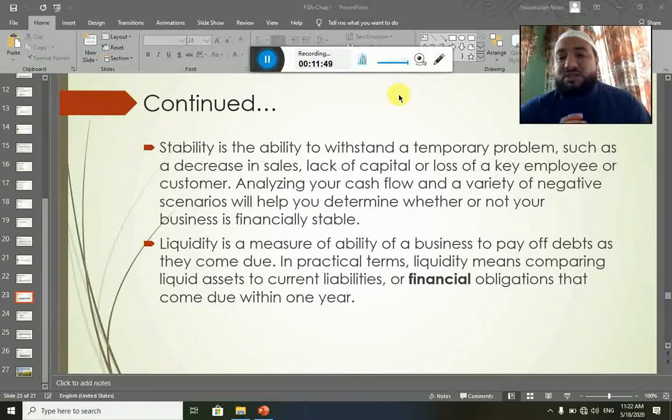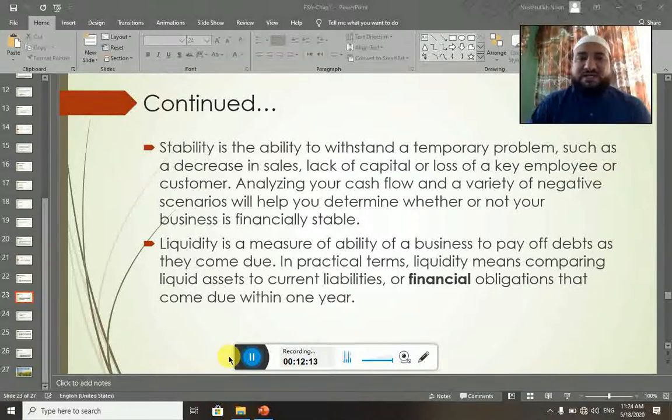If there are drastic changes, like businesses lose all their employees, cannot pay for the salaries and wages, cannot pay for the expenses, and they have closed some of the branches of their businesses, then we can say that this business is not stable. So then we can decide accordingly whether to stay with this business or leave this business.